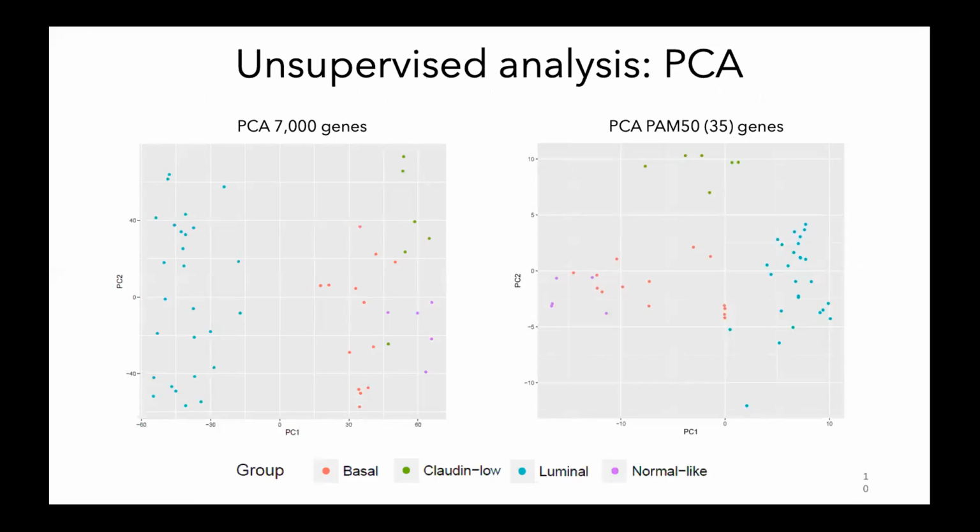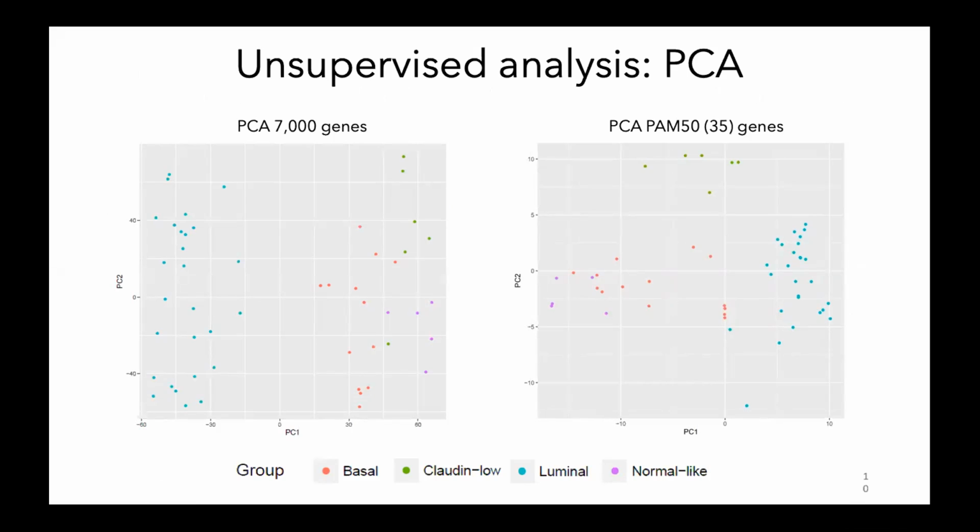Also, we practiced PCA on a small data set. We performed PCA on a large data set and on a small data set. The large data set had almost 7,000 genes, and the small data set had 15 genes in our case. I'm sorry, this is an old slide, I guess.